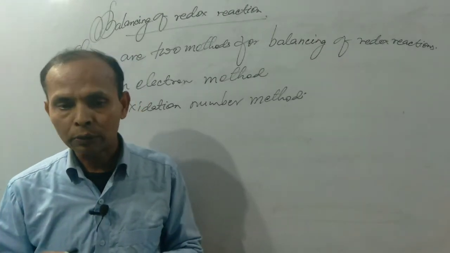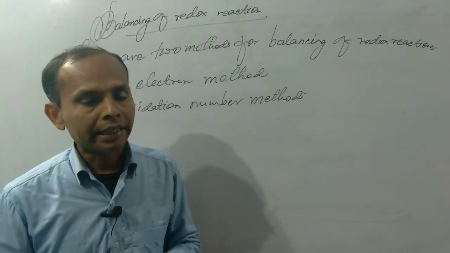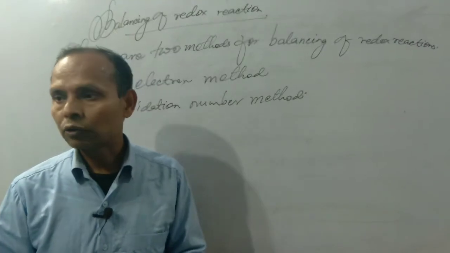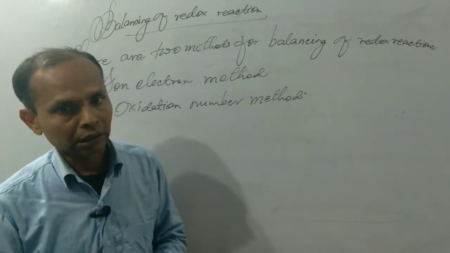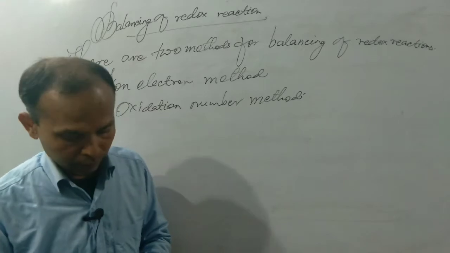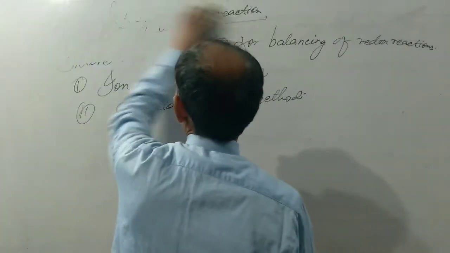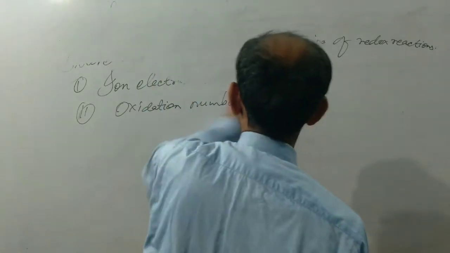So balancing of hydrogen atoms can be completed by adding hydrogen ions. In case of ions and their balancing, we can use electrons. So we take one example of a redox reaction to balance it by the ion electron method.